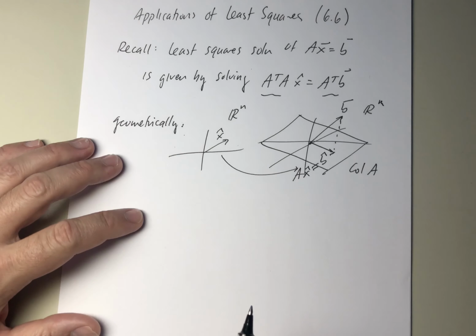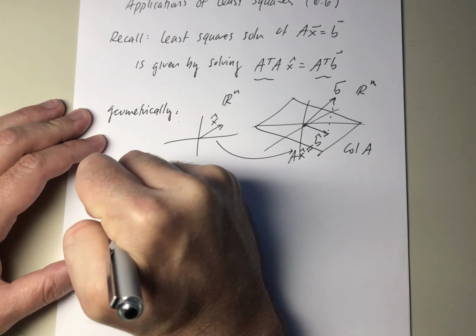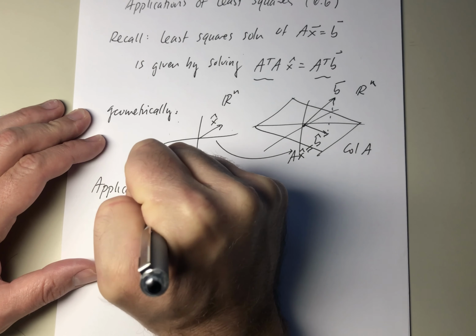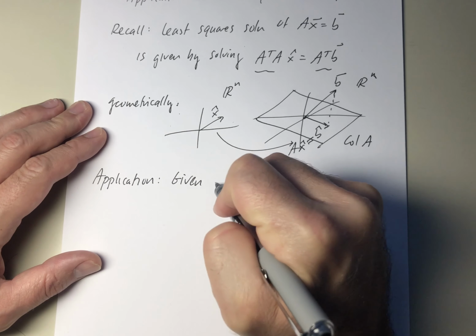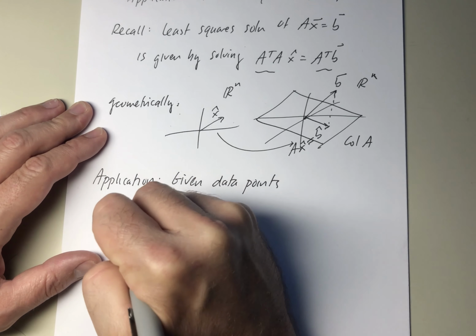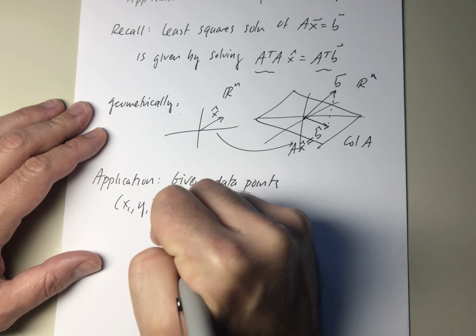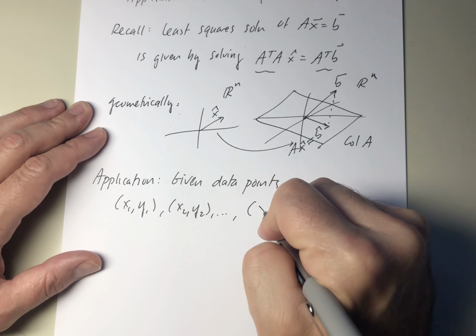So how are we going to apply this to a real world setup? Here's the application we want to talk about. Loosely speaking, you're given data points, say x1, y1, x2, y2, up through xn, yn.